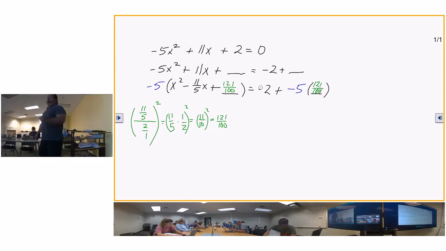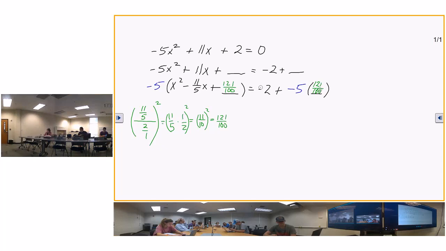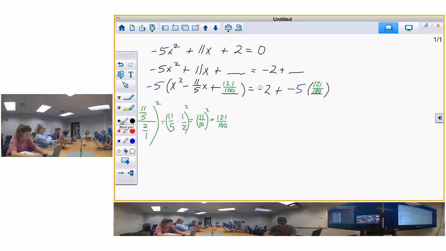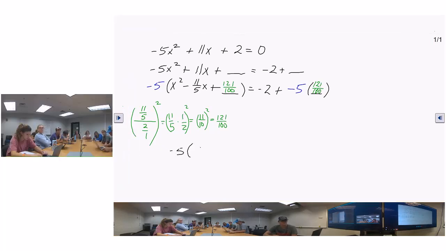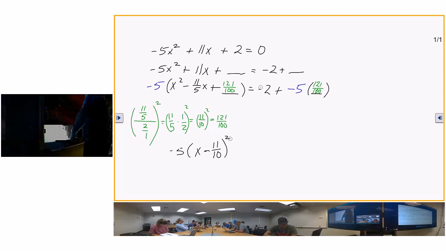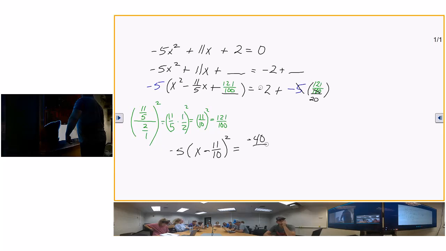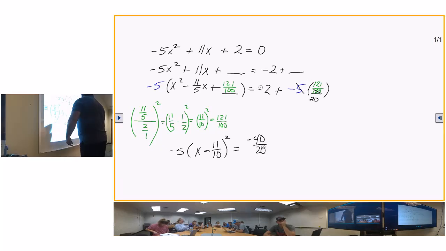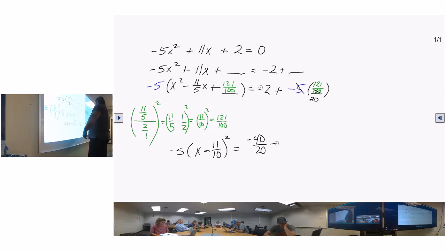So that gives us shortcut number 2. Negative 5 times (x - 11/10) squared is equal to, well, that 5 will take that 100 down to what? 20. So you change this to 40, negative 40 twentieths, minus 121 twentieths.